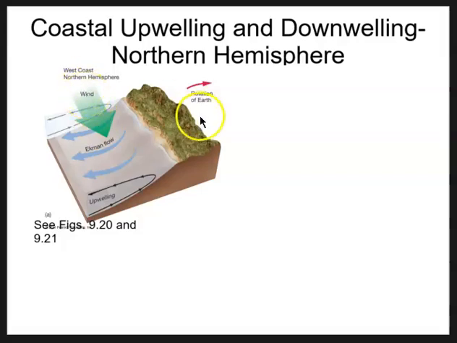So if you did that with this image here, you would see that right would be away from the coast. Okay, so what happens is that instead of the sea level drastically going down away from the coast, water from deeper down comes up to fill in the water that is being pushed away from the coast.